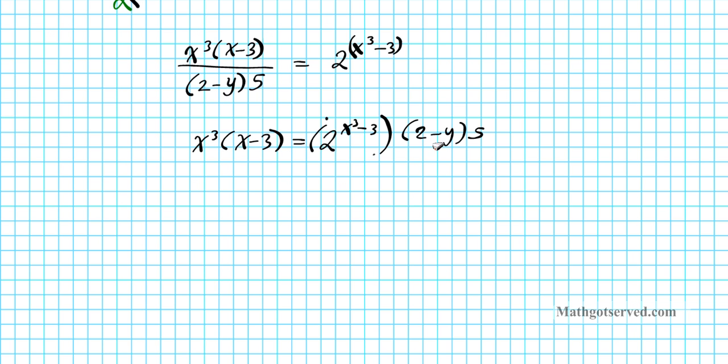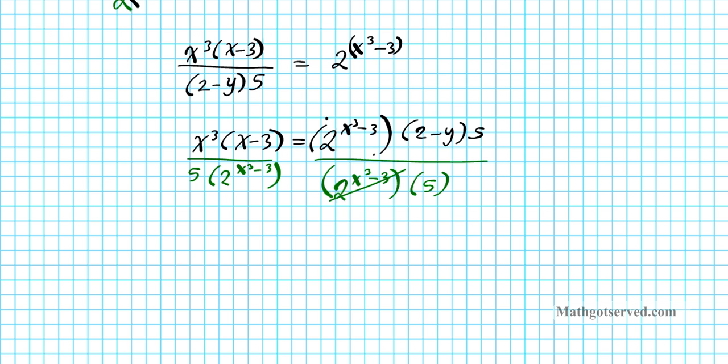Okay? So remember, we want to isolate y, so what we can do is divide both sides by these two terms. So divide the left side by 2 raised to the x to the third minus 3 times 5. Okay? So let's put it here as 5 times 2 raised to the x to the third minus 3.